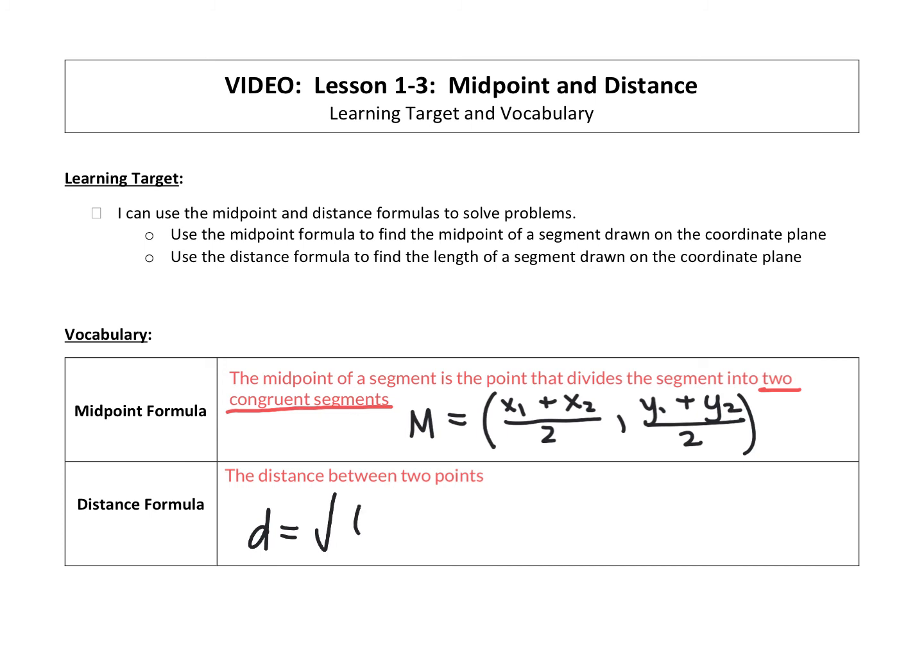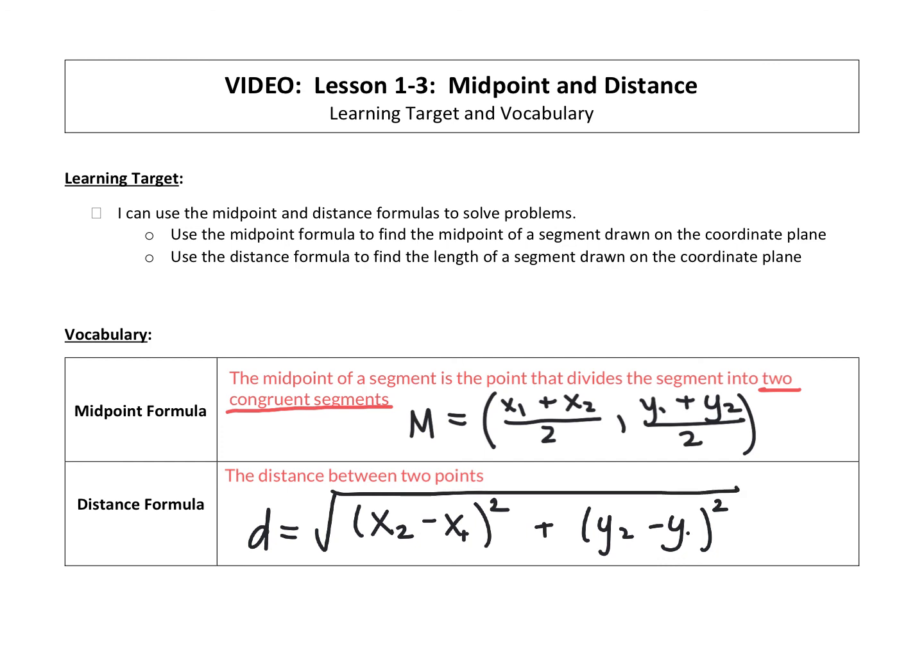So it's going to be in parentheses x2 minus x1, and we square that, plus y2 minus y1, and we square that. It's the square root of all of that right there. The x1, x2, let me show you, that would come from an ordered pair, x1, y1, and x2, y2. Those would be endpoints of a segment on a coordinate plane.